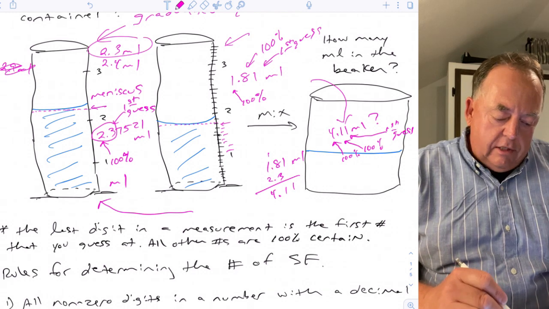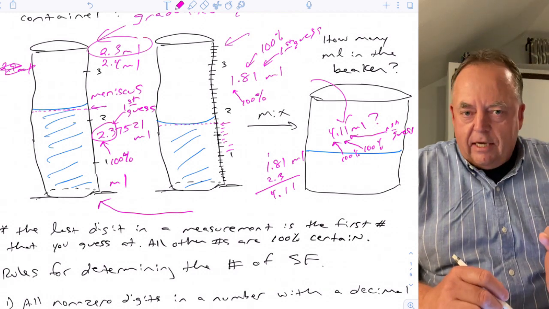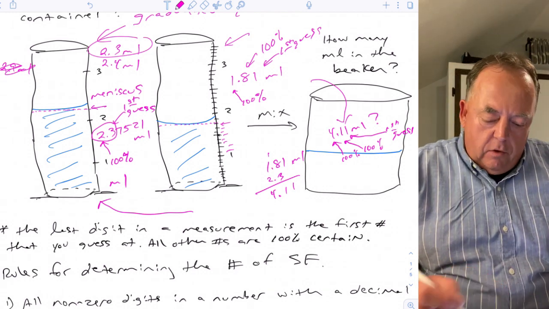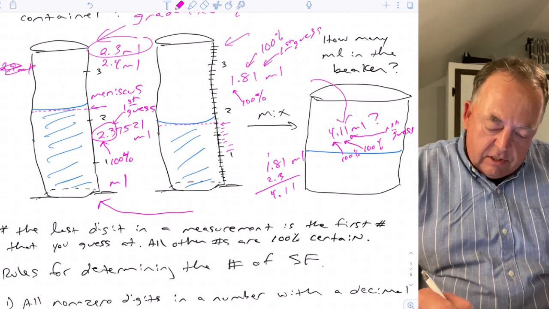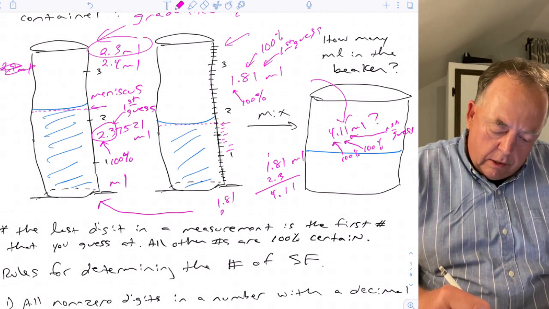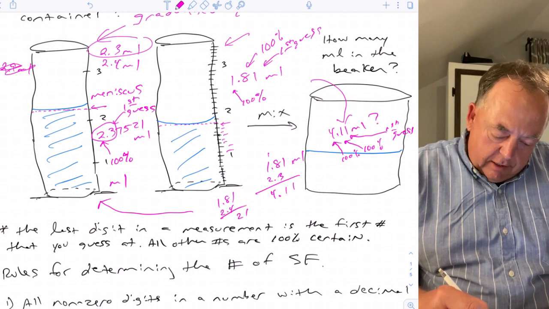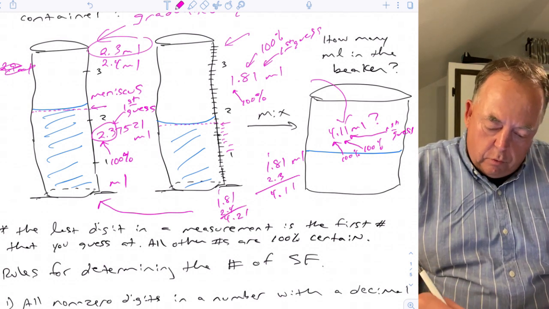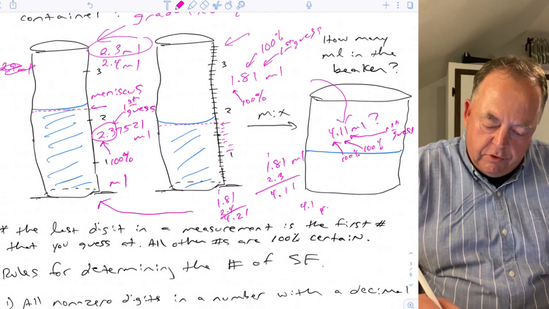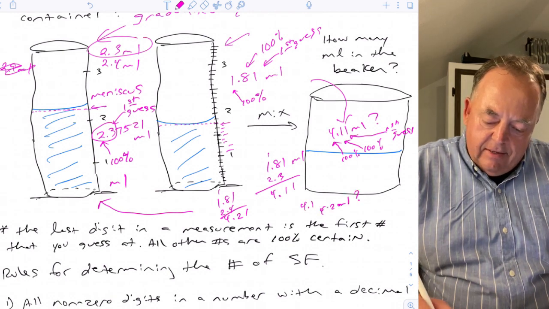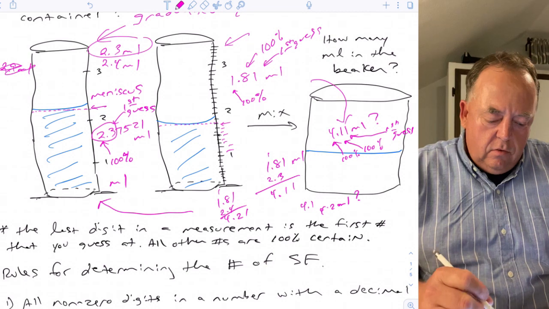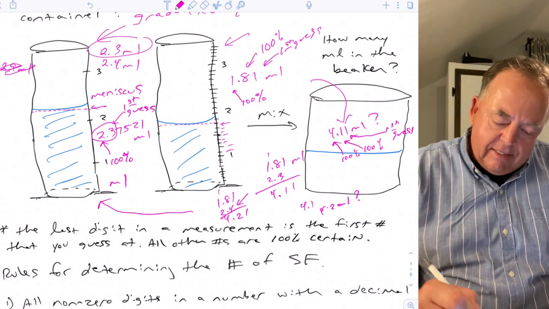So the graduated cylinder on the left can only go to 1 decimal place. If you had said 1.81 and 2.4 mL, then now you have 4.2. So is it 4.1 or is it 4.2 mL? Well, you don't know for sure, because that number is a guess.